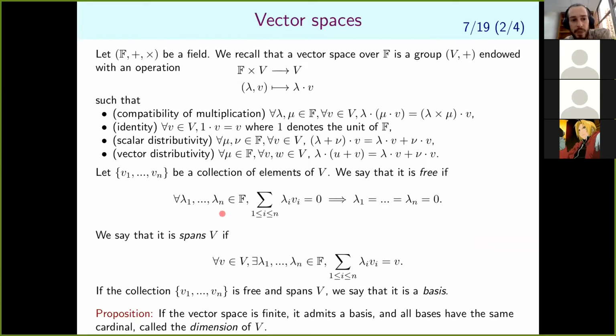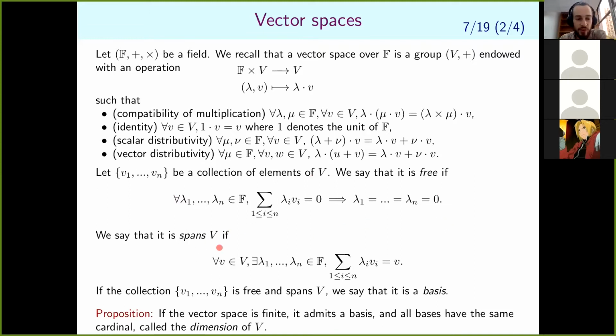This means that if I take any collection of elements of the field, and then I take the linear combination of my collection of elements of V with these coefficients, if this sum is 0, then it means that the coefficients already were 0. This is a free family. Yeah, Lucas, this is the definition of linear independence. Exactly.